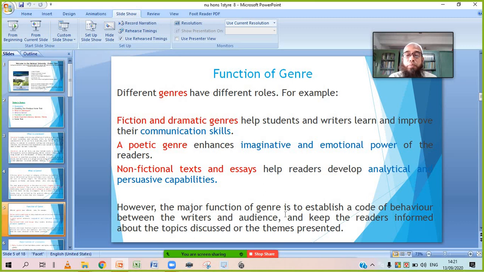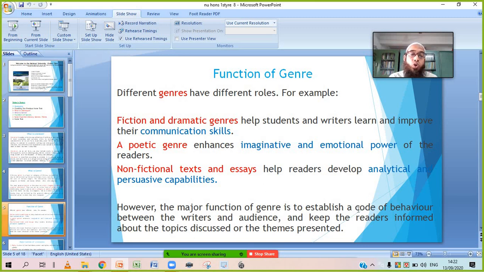Okay, yes. However, the major function of genre is to establish a code of behavior between the writers and audience and keep the readers informed about the topics discussed or the themes presented. So, the major function of genre is to establish a code of behavior. That's also important.